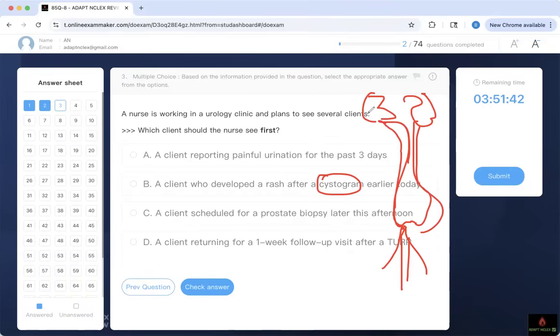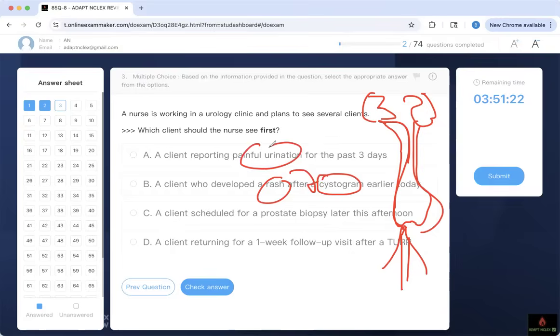Basically, we're giving you contrast to look at the whole kidney structure and all the connections. If I give you contrast, what should I worry about? You may be allergic to contrast. Presence of a rash is bad. That's why this is a priority.